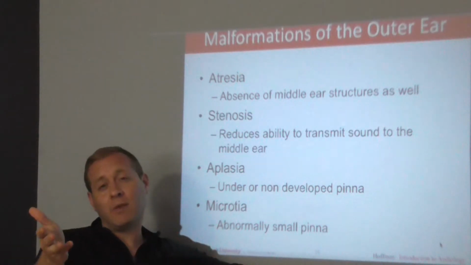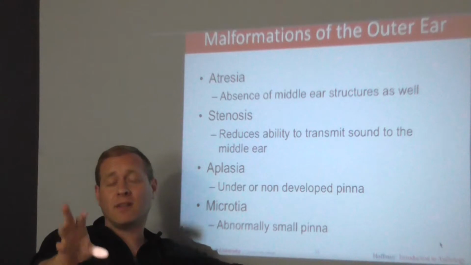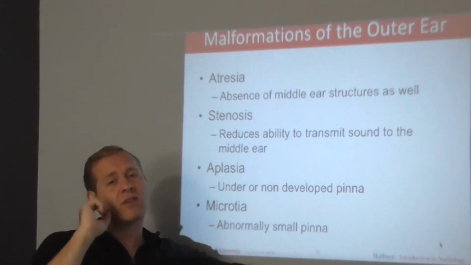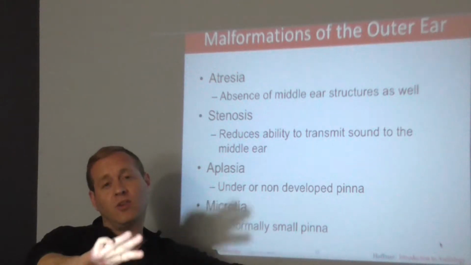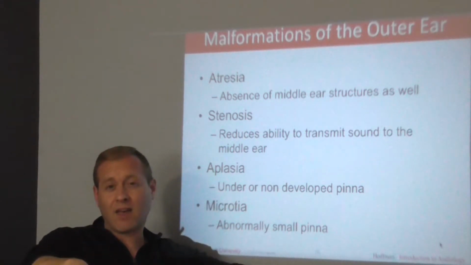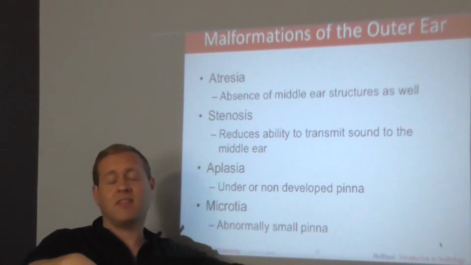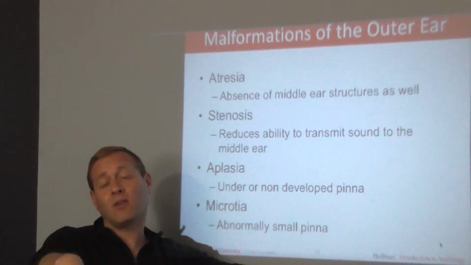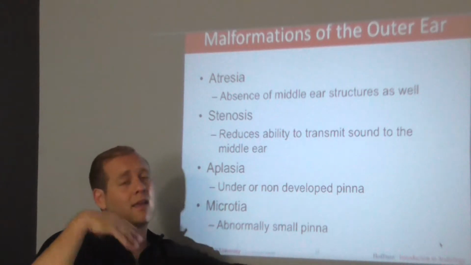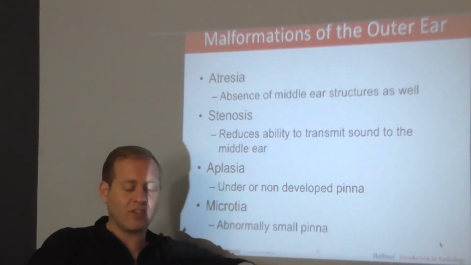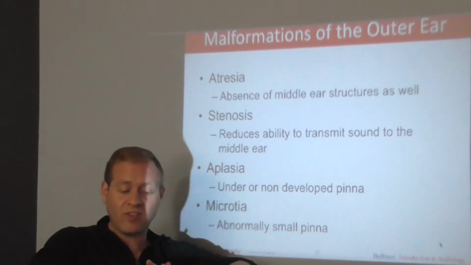So what's in the middle ear? The ossicles. So a lot of times if a person has an atresia, we also have to make sure that they do or don't have their ossicles as well. If they have ossicles, that's good. They can get hearing from different ways, and we'll talk about that later. If they don't have their ossicles, that makes hearing even more difficult.